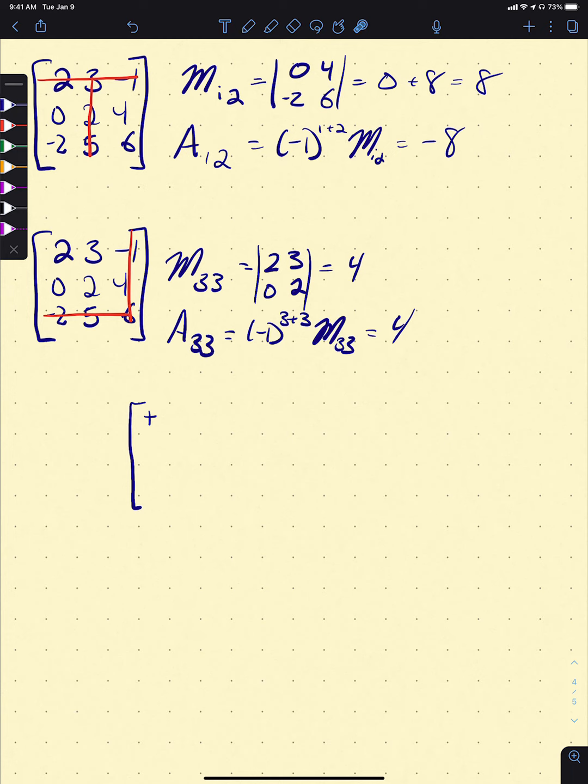But then notice, when I step one entry this way, right, my row stays the same, but my column increases, right? Or if I step an element this way, my column stays the same, but my row increases by 1. So that means that every step you change the sign, which is going to end up with this nice checkerboard pattern, just like this, right?